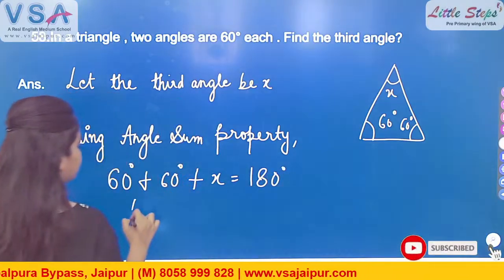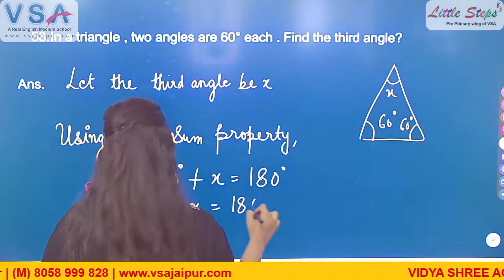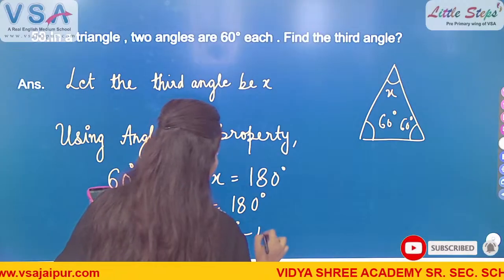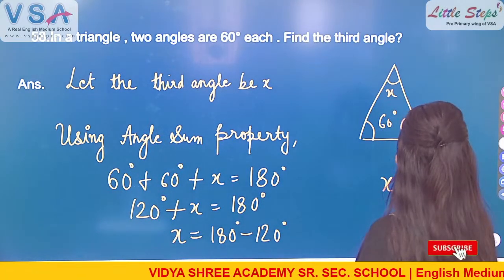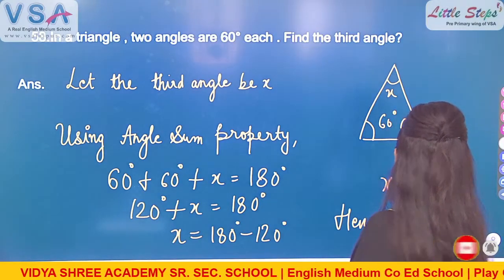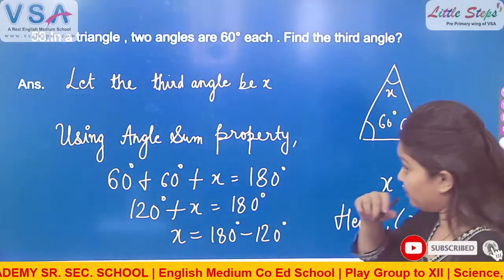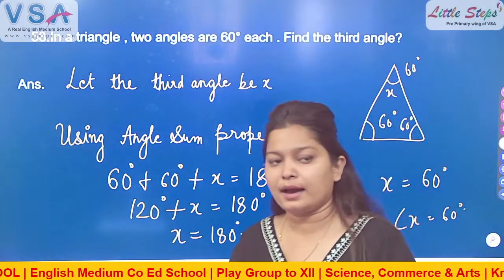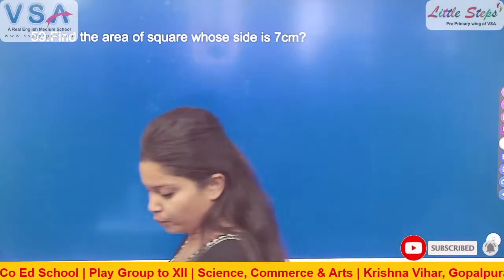Adding both 60 60, we have 120 degree plus angle X equals to 180 degree. And X is equal to 180 minus 120. So the answer of the third angle is X equals to 60 degree. Hence, angle X equals to 60 degree. You can check the answer also by putting the value over there. The sum of all the angles of a triangle is supposed to be 180 degree anyhow. Okay.